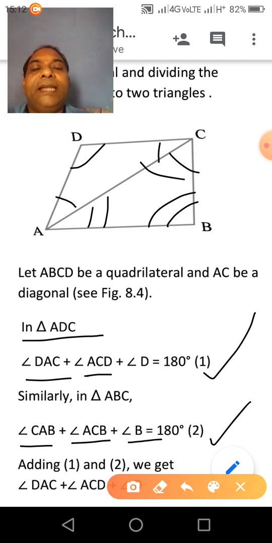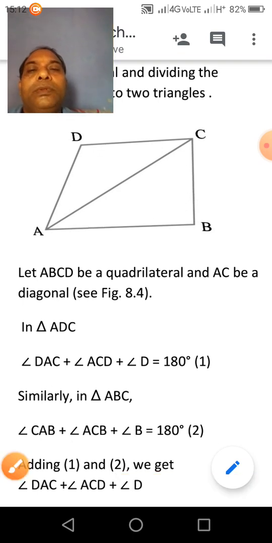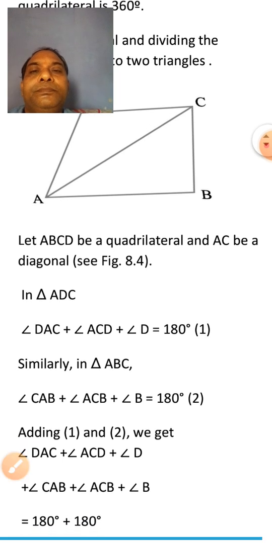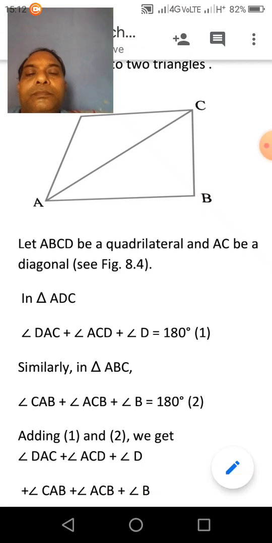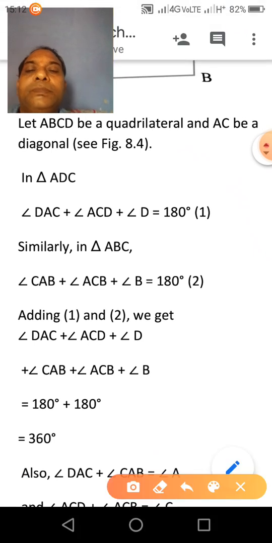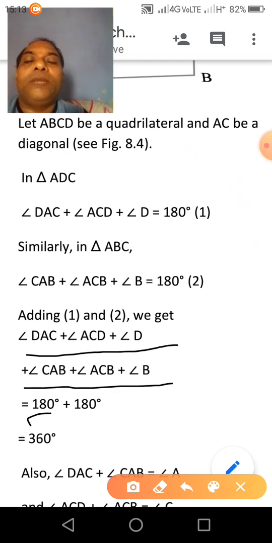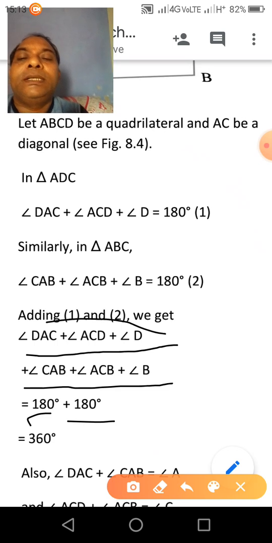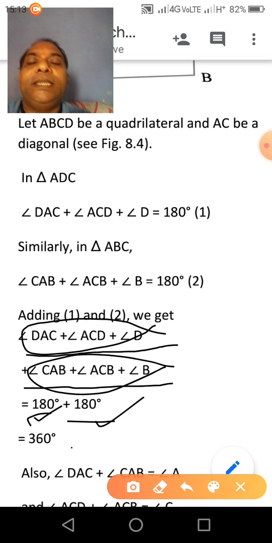Now adding equation 1 and 2, then we have angle DAC plus angle ACD plus angle D plus angle CAB plus angle ACB plus angle B is equal to 180 plus 180, because this is equal to 180 degree and this is equal to 180. So 180 plus 180 is equal to 360.